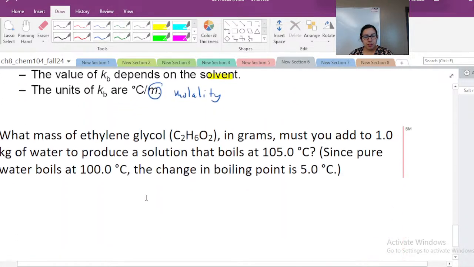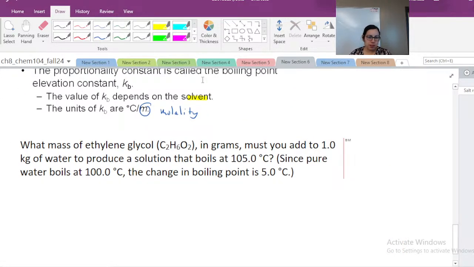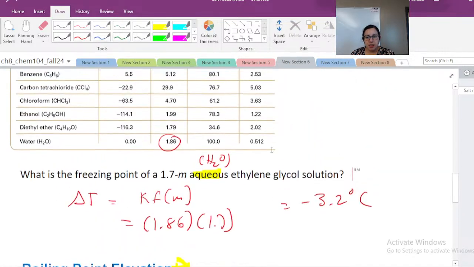And let's get some values for you. So it says what mass of ethylene glycol, and it gives you the formula C2H6O2, in grams must you add to 1 kilogram of water to produce a solution that boils at 105 degrees Celsius. And it gives you a hint that the change in boiling point is 5 degrees.